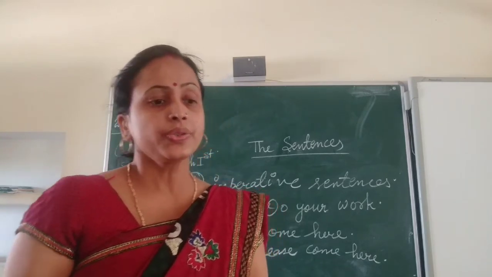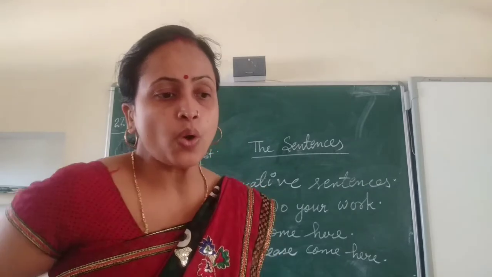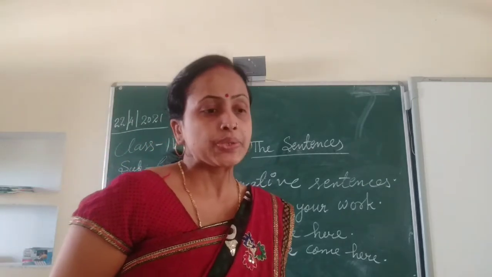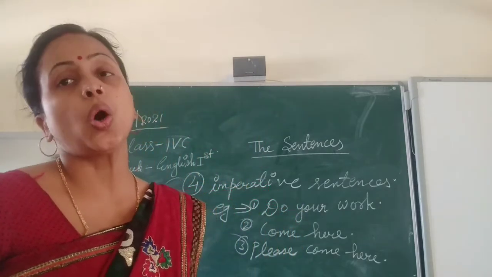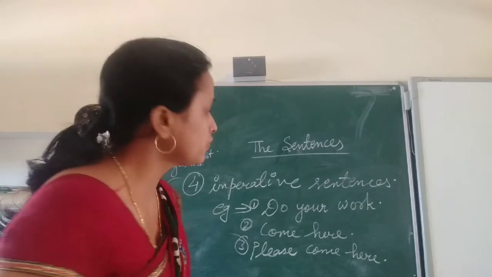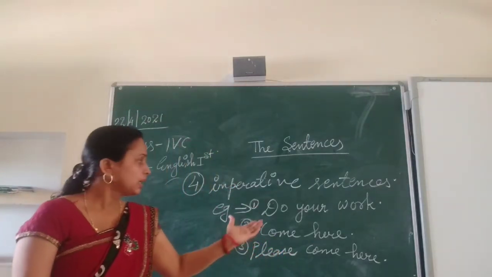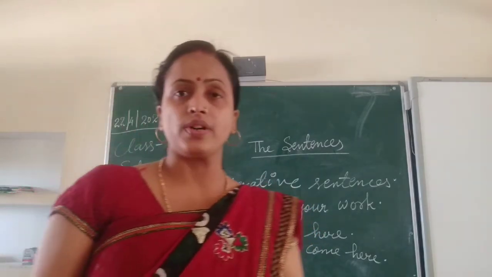So now these two points are clear. It expresses an order or a request. So imperative sentences express an order or a request. I hope this is clear. So these four kinds of sentences are over.